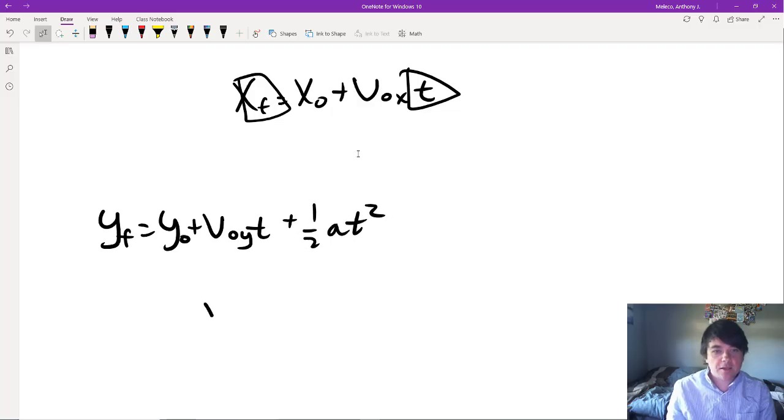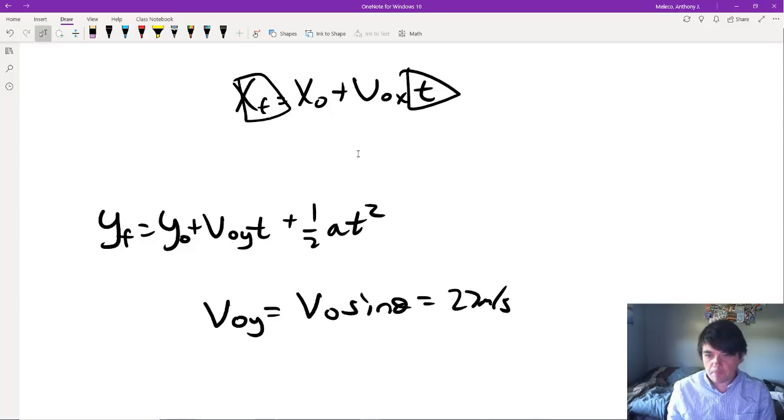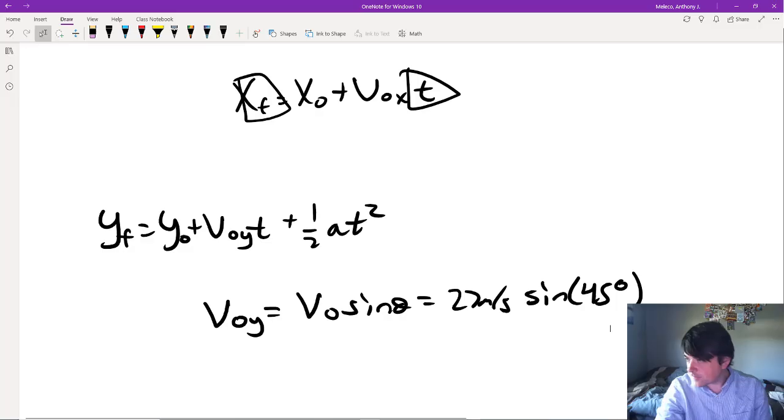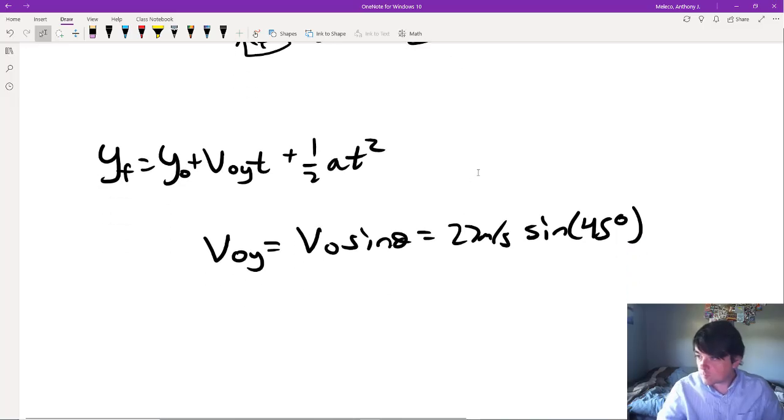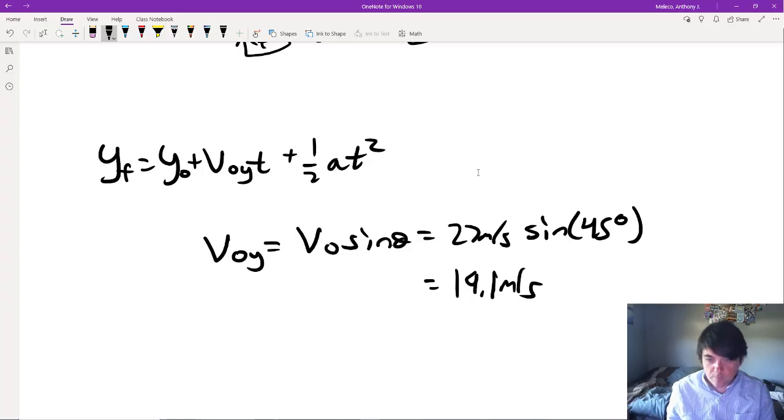And if you go ahead and get your v naught y, sine of 45, this will tell us 19.1 meters per second.